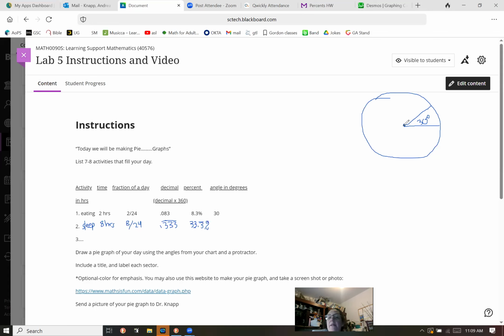It's going to be a little less than that. So 120 degrees is going to look something like this. And then you just continue all the way around until you get back to where you started. If you've done it right, it should come out exactly to 360 degrees to fill your circle.